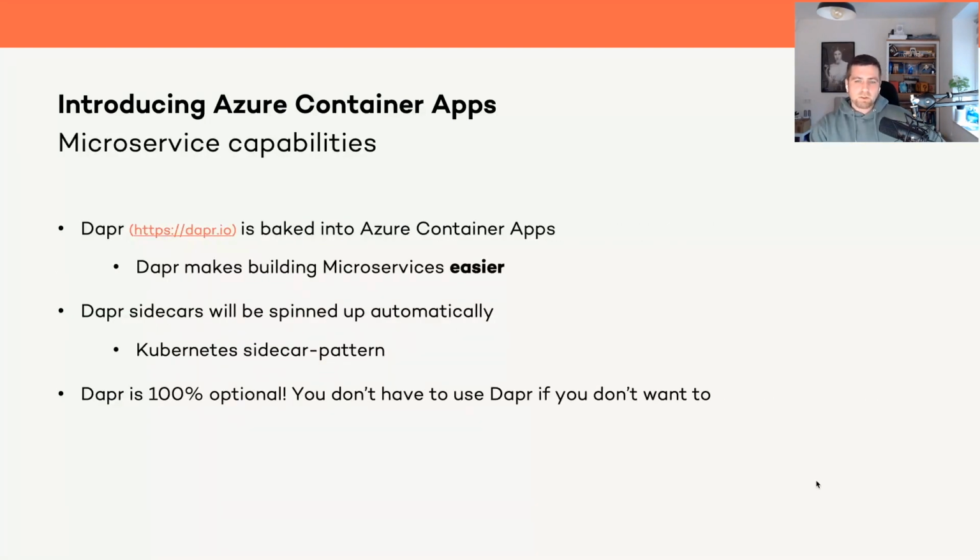Next is microservices. So Dapr, maybe you have already heard about Dapr. It's the Distributed Application Runtime. Basically, it's a collection of sidecar containers or components that you can run besides your actual application container, which brings typical cloud native functionality to the surface, right? So, for example, let's say you want to persist some kind of state in a Redis cluster.